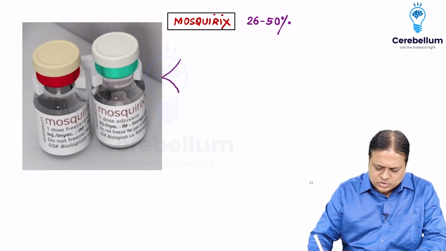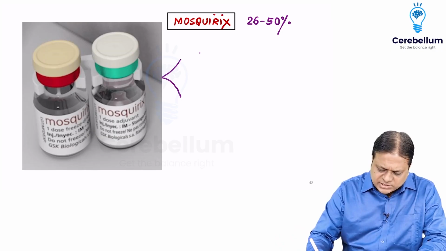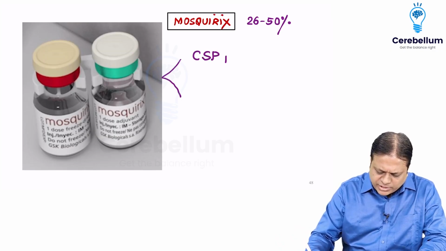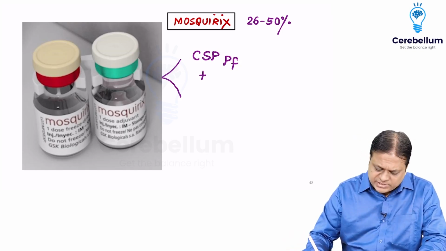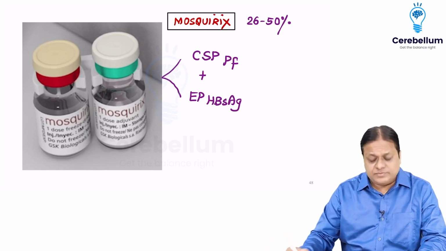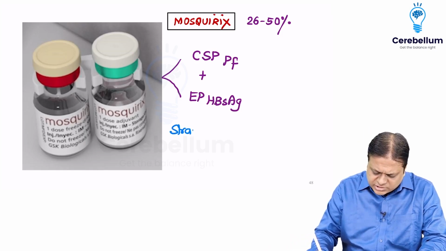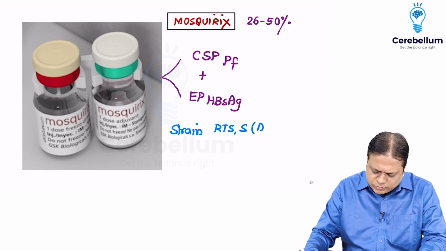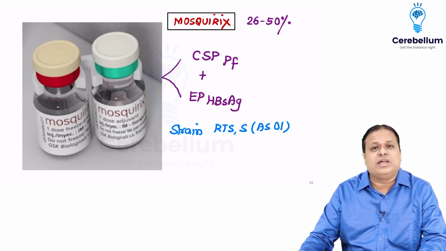What are these 2 components? One is the circumsporozoite protein of Plasmodium falciparum and the second component is the envelope protein of hepatitis B surface antigen. The strain is RTS,S with adjuvant AS01.